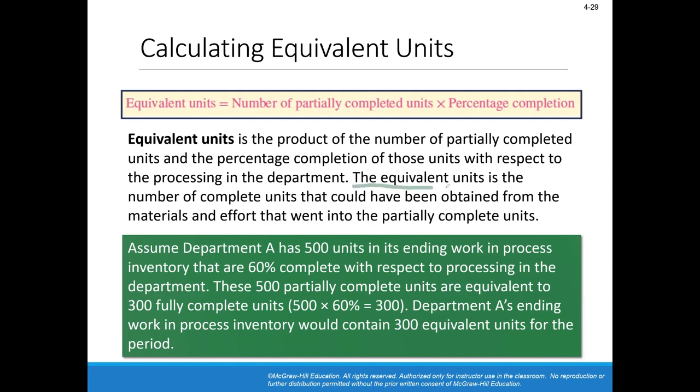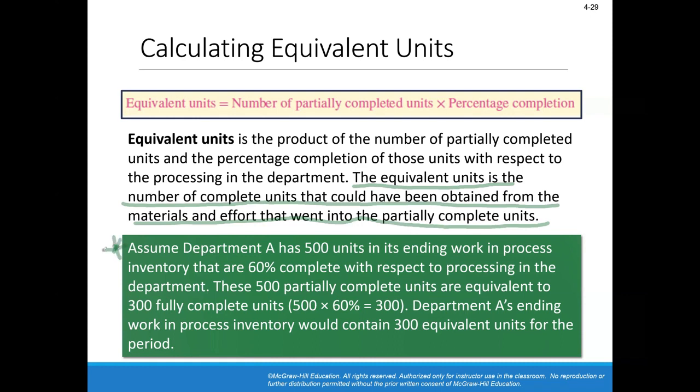So right here, the equivalent units, this sentence is the number of completed units that could have been obtained from the materials and effort that went into the partially completed units. So let's do an example right here.